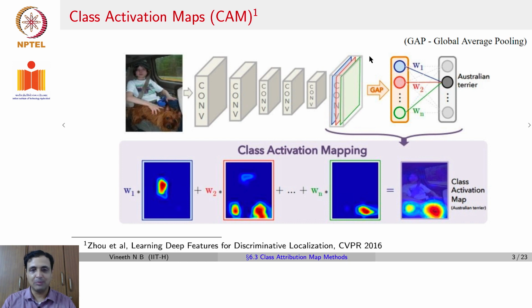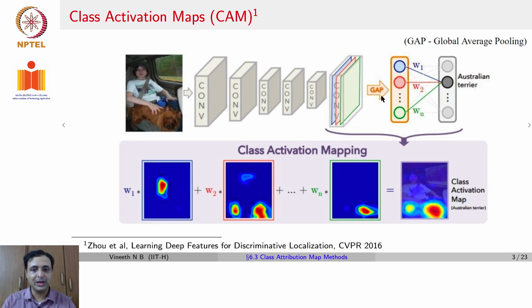So let's look at this in more detail. If you had, say, 5 to 6 convolutional layers in your architecture, you take the last convolutional layer, and then for each map in that convolutional layer, remember you could have 100 filters, you would have 100 maps. So for each of those maps, you do global average pooling or GAP.